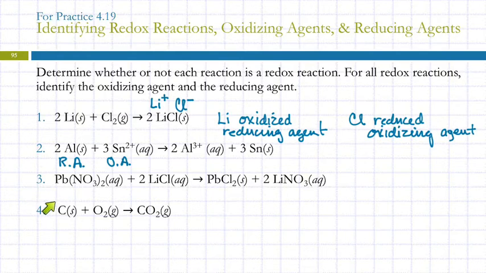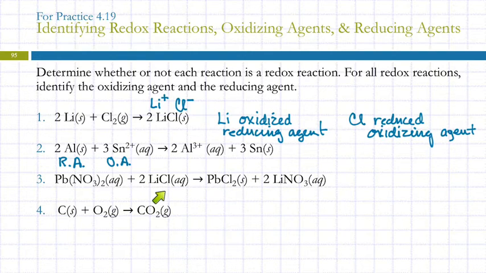Okay, number 3. Is this a redox reaction? We have ionic compounds, right? So look at the charges on the ions. They're the same. Pb is +2 here, and it's +2 there. Lithium is +1 and +1.